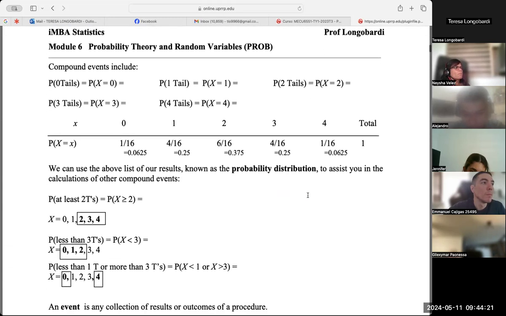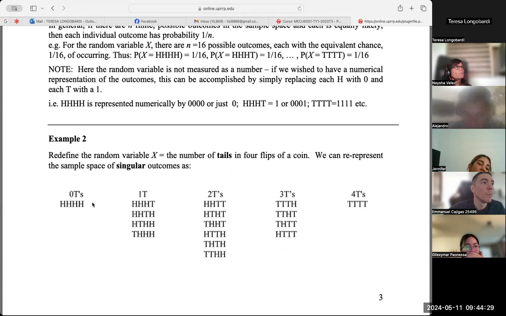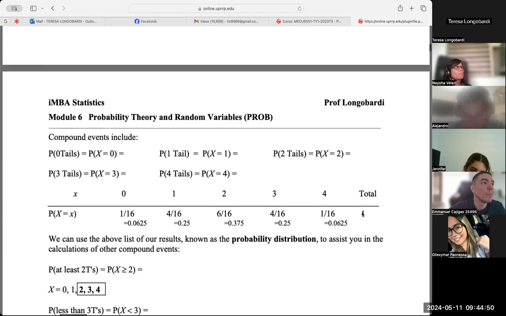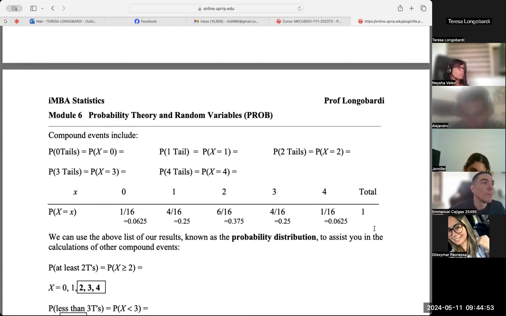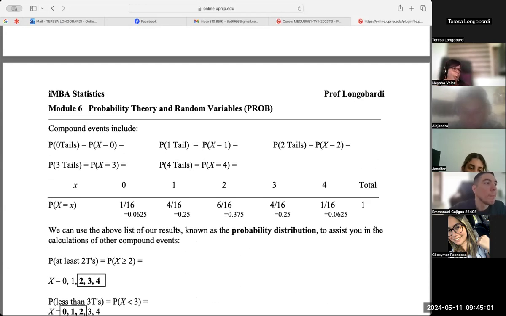But for now, I just use it as an example, and I talk about this probability distribution where, because there's 16 possible outcomes and they're equally likely, I create a distribution where by grouping them, the chance of seeing 0 tails is 1 out of 16, the chance of seeing 1 tail is 4 out of 16, 2 tails is 6 out of 16, and so on. I'm just counting them. And I create this distribution that doesn't look that great, but it is supposed to be like a normal distribution.